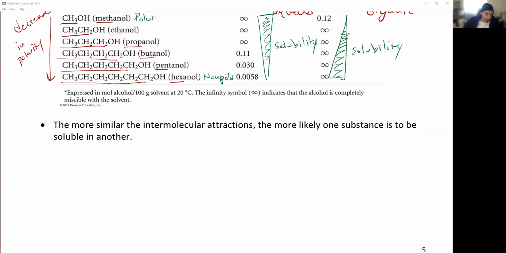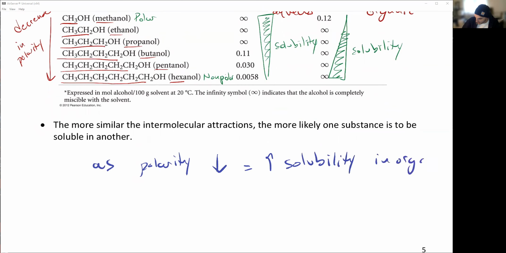So ultimately, what do we see is as polarity decreases, we see an increase in solubility in organics, which is nonpolar. I should separate that.